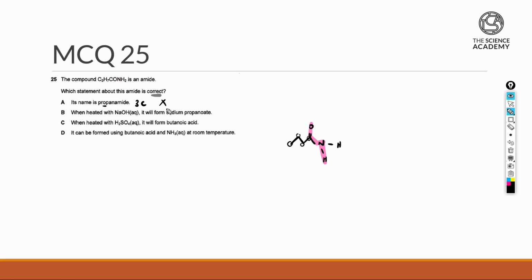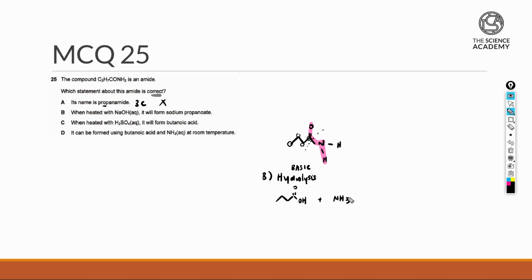So in part B, when heated with sodium hydroxide, it will form sodium propanoate. So with that, for part B, we're going to have the presence of sodium hydroxide, and this will initiate basic hydrolysis. So again, doing a little bit of the split over here, we'll end off with a butanoic acid and the presence of ammonia.